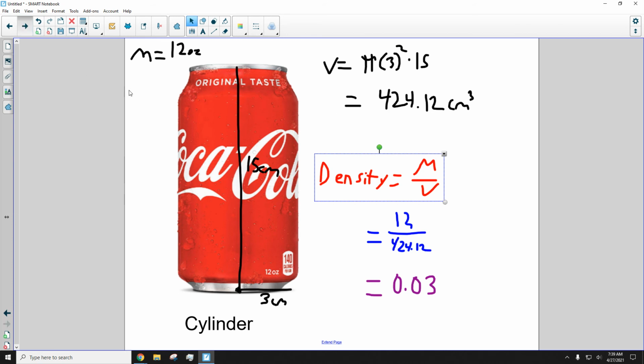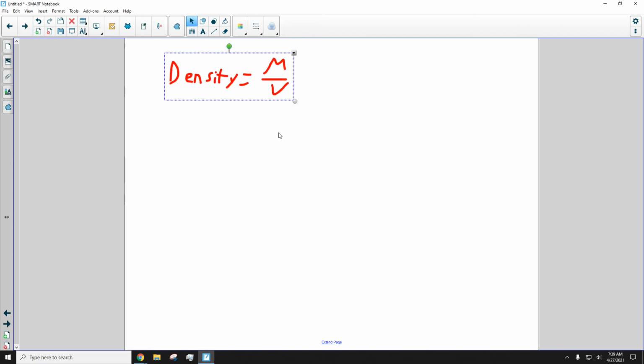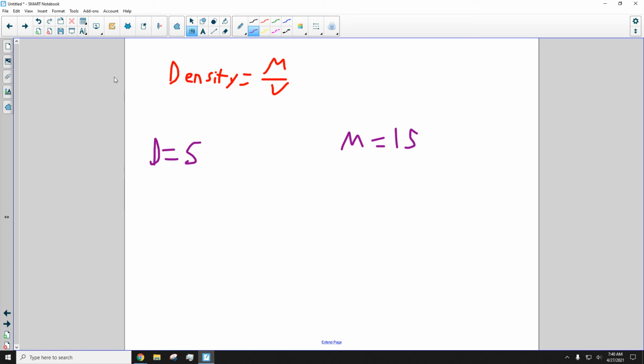For example, if I gave you that this has a density of 5 and a mass of 15, well, I can find the volume. All I have to do is set this back up, plug it in. So density is 5, mass is 15, and we're solving for volume.